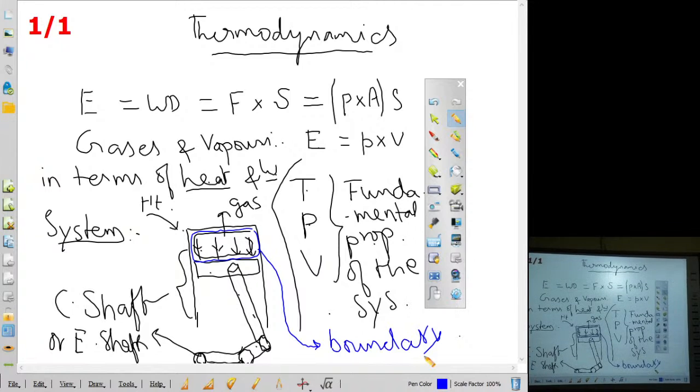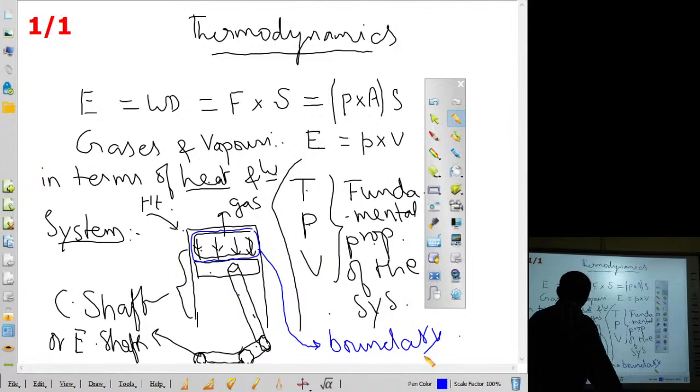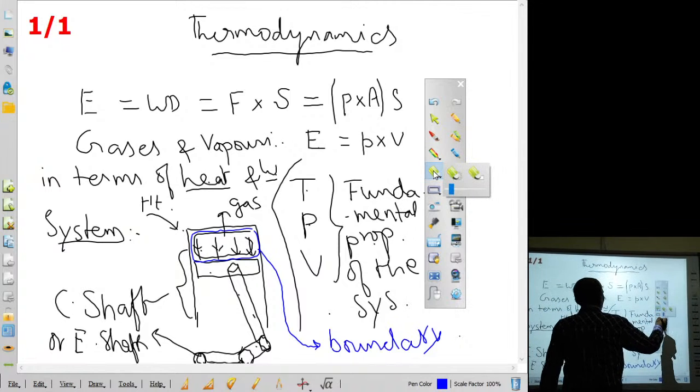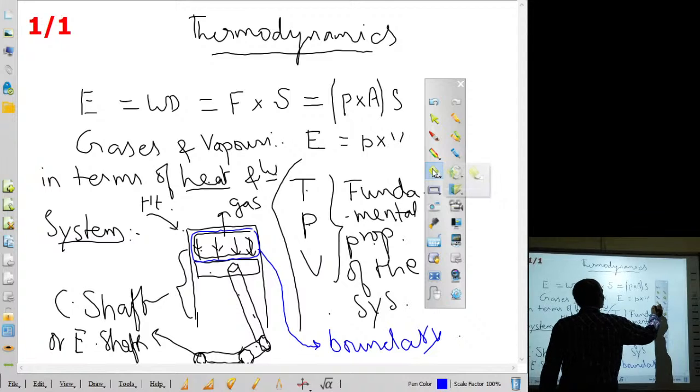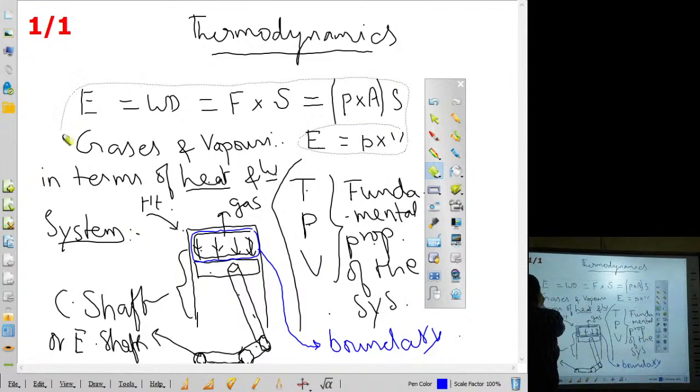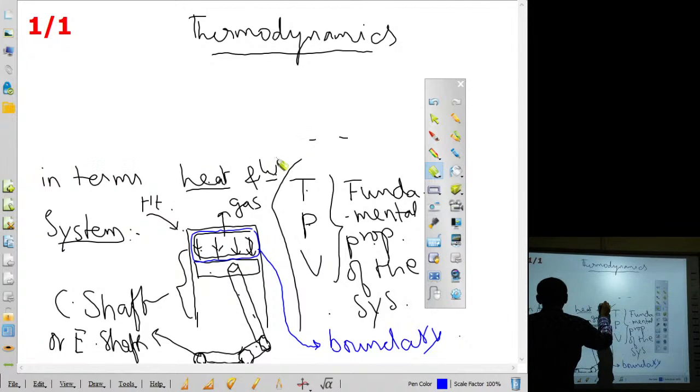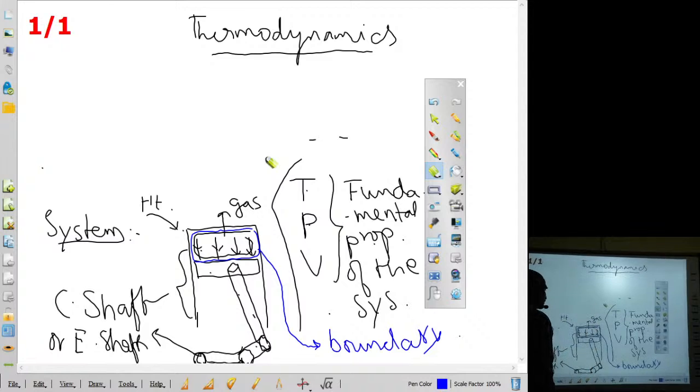Right. Supposing you draw another bigger, different boundary. So I'll erase a part of whatever I have told you. Right.